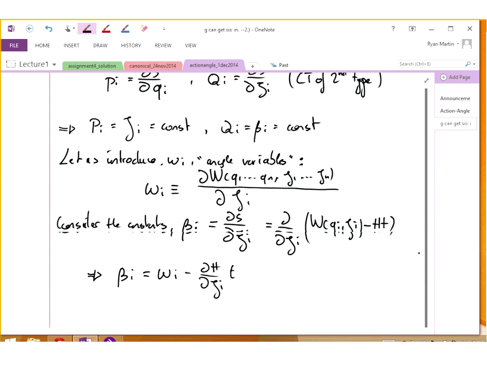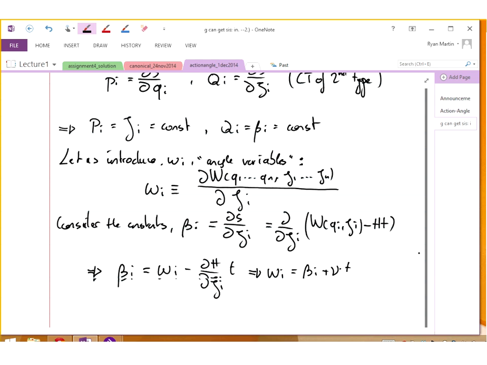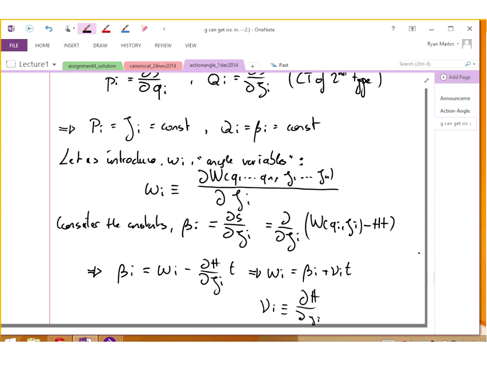So I'm just rearranging this equation. I'm keeping the Wi and I'm moving the di H by di Ji to the other side, and then I'm calling the di H by di Ji nu I, the Greek letter nu, which we normally use for frequency. Okay?